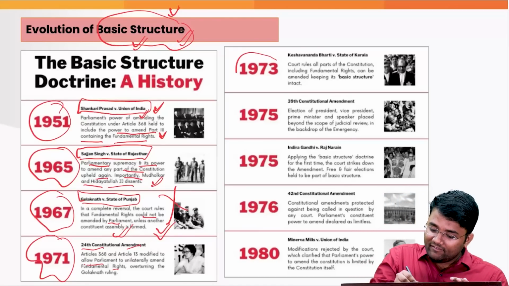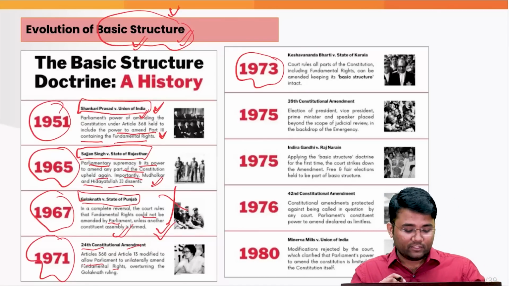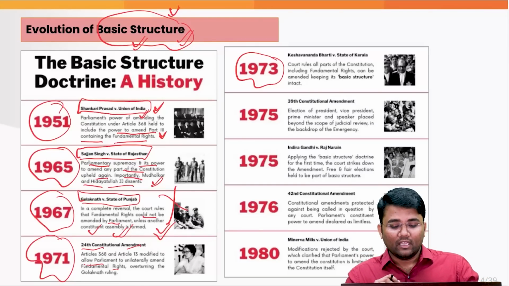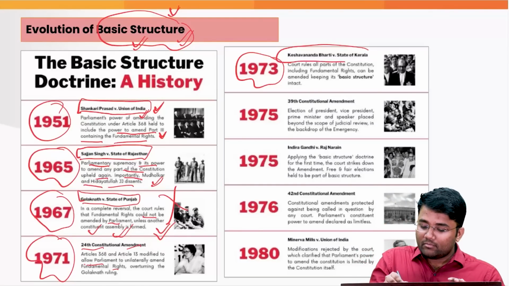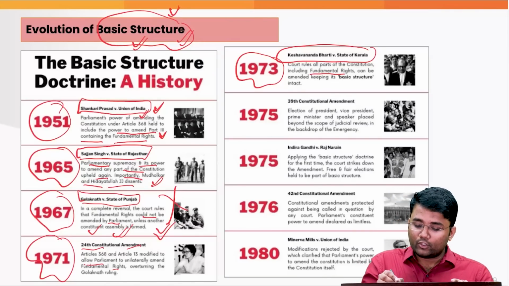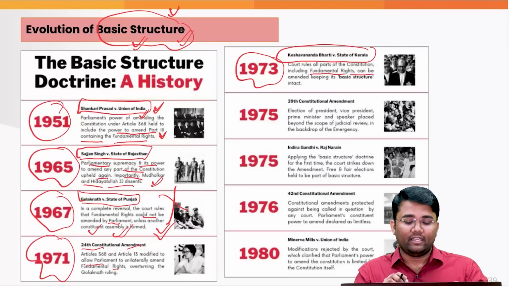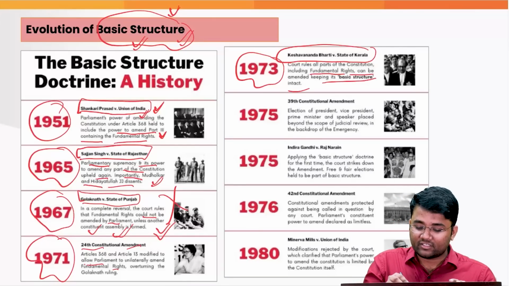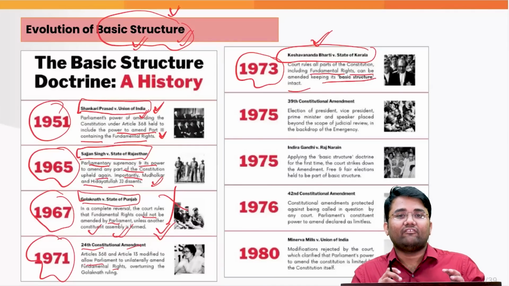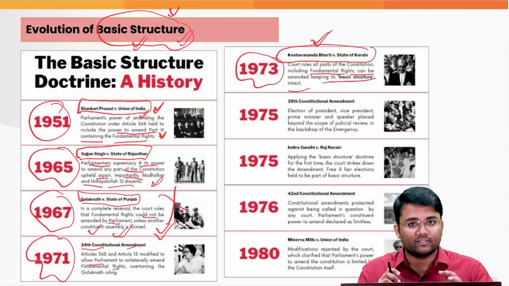So in 1973, the validity of this 24th Constitutional Amendment Act came before the Supreme Court. In the Kesavananda Bharati versus State of Kerala case, the court rules that all parts of the constitution, including fundamental rights, can be amended keeping its basic structure intact. So this was the case through which we got our basic structure of the constitution.